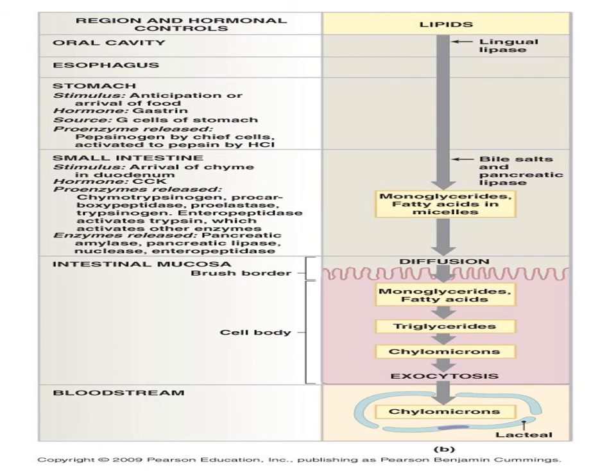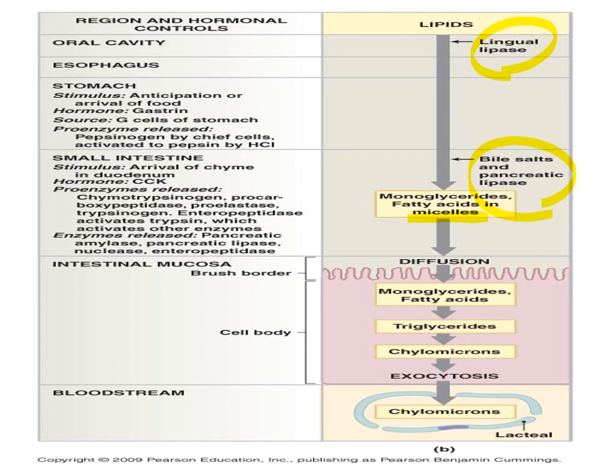Lipids are similar. We produce lingual lipase in the mouth, and that works down into the small intestine. In the small intestine, we have bile salts as well as pancreatic lipase that are going to work to further break down those lipids into micelles. So there's that word micelles for you.